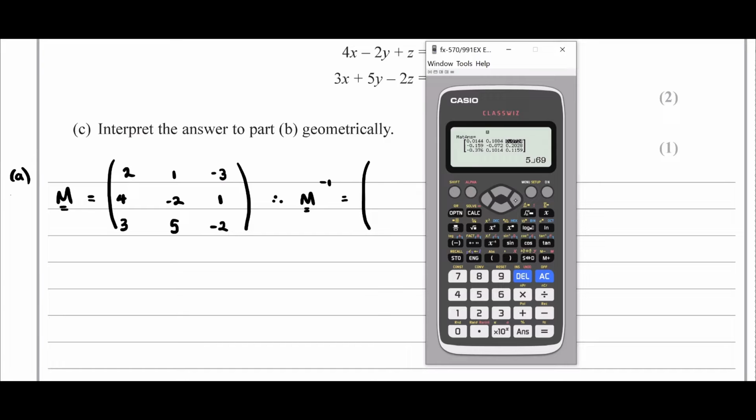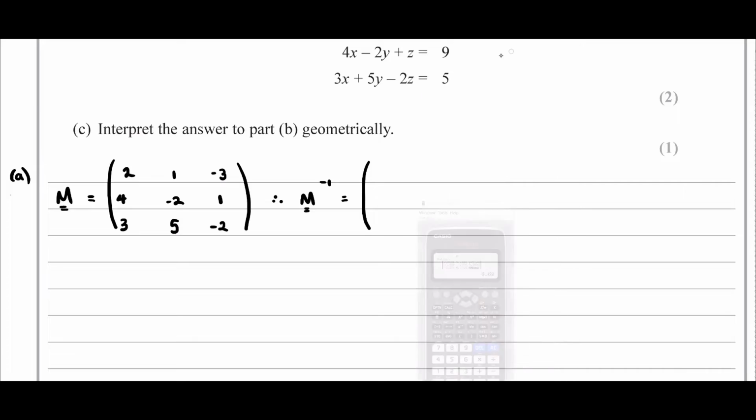We see for each element we have a common factor of 1 over 69, so we can factorize that 1 over 69 outside.